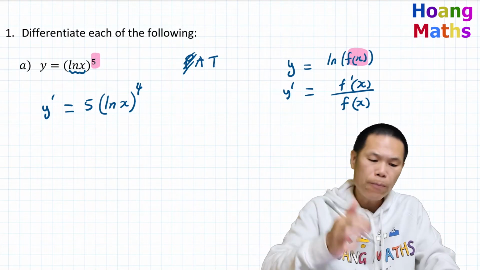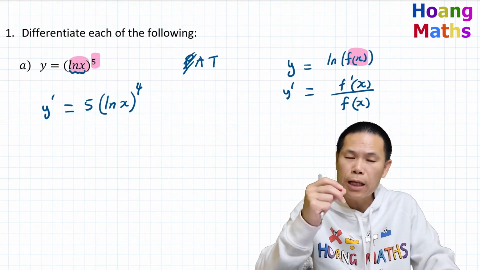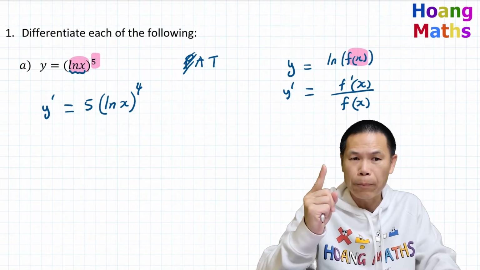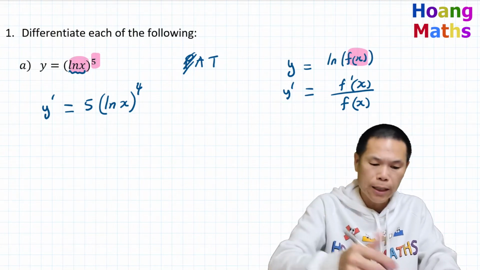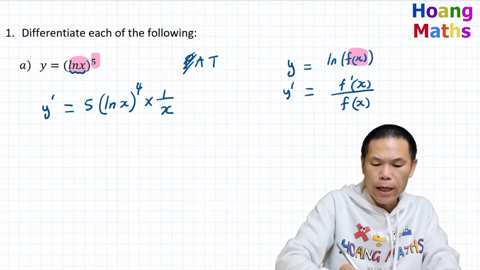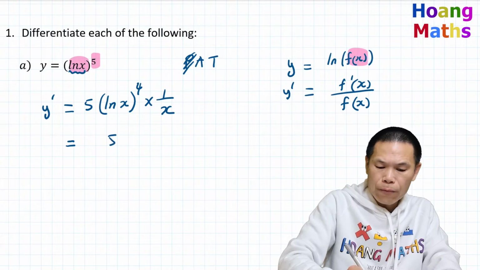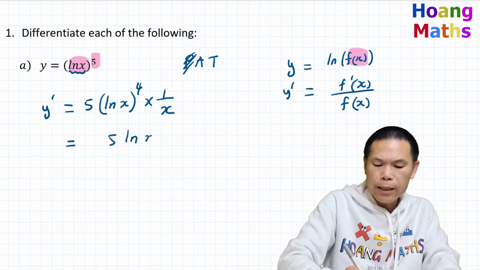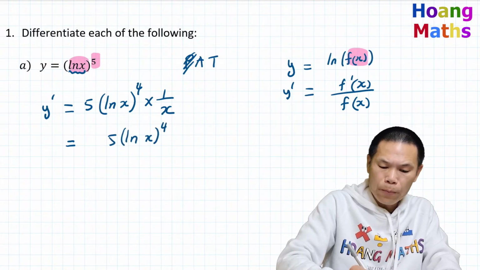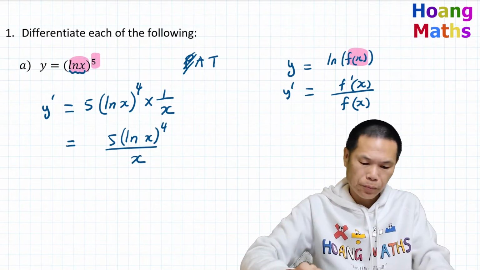So keep that in mind. Therefore, we differentiate ln of x. Differentiating x is 1, so 1 over x, times by 1 over x. Now that will give me 5 (ln of x) all power 4 over x. So there you go.